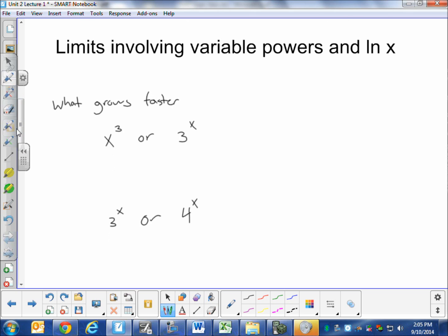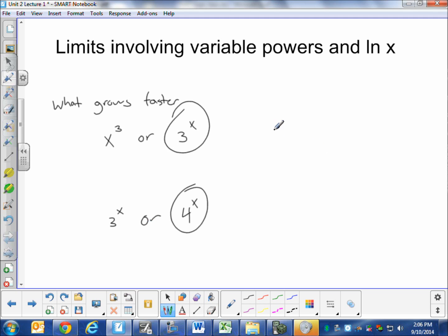Finally, limits involving variable powers and then log x. So what grows faster? The question is x cubed or 3 to the x? This guy definitely grows faster. If we're talking about highest degree terms, this value will always trump whatever number we have here. And if we have 2 numbers to powers, this will grow faster, and that will dominate.